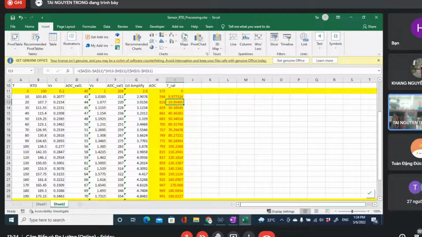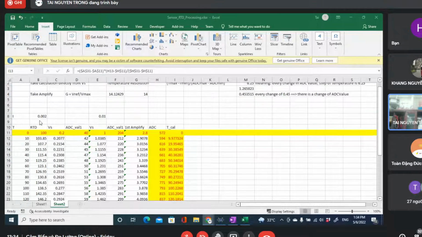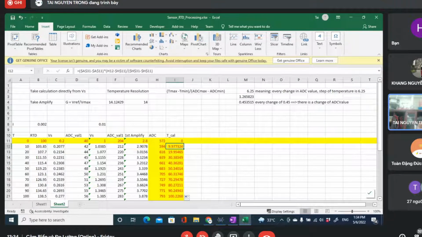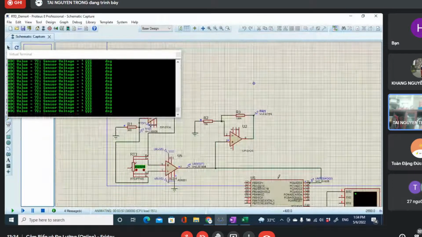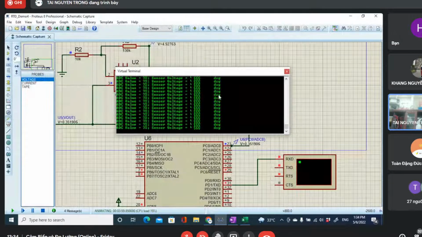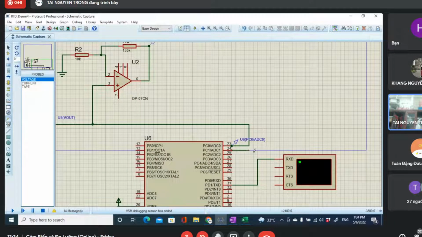Okay, and as you can see, the relationship is almost linear to the ADC value if we use the current source. After taking that, we can apply it into the ADC of the microcontroller.